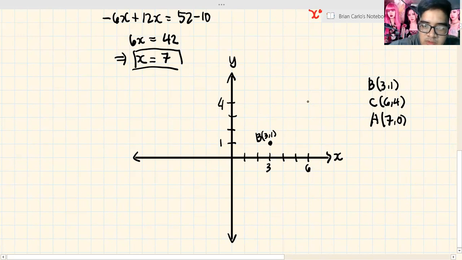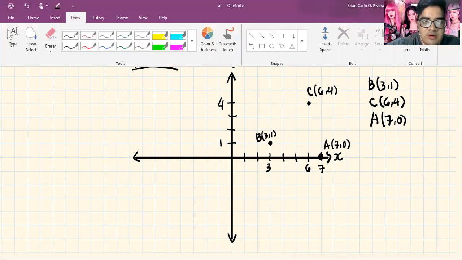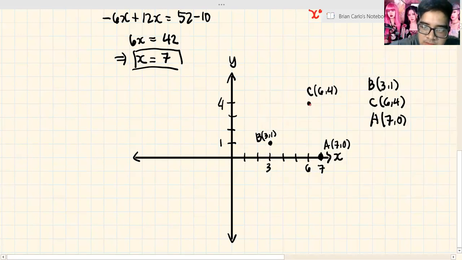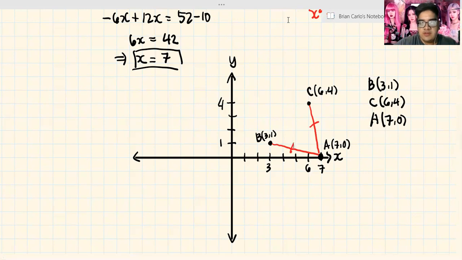So, this is C, 6, 4. Ngayon, kukunin natin yung 7. This is 7. 7, 0. Ito yan, A, 7, 0. Magpapalit tayo ng color. Makikita nyo naman siguro na they have equal distance.